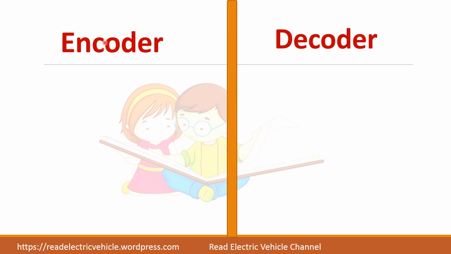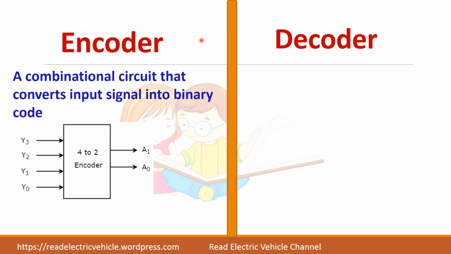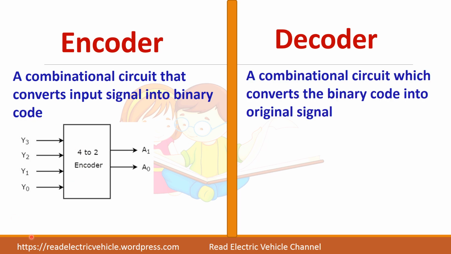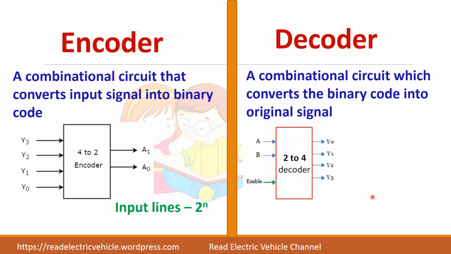Let us see the difference between encoder and decoder. So an encoder is a combinational circuit that converts an input signal into a binary code. You will be giving only one input at any time and it produces a corresponding binary code. In a decoder, you will give a 2-bit code here and only one output will be active at any time.